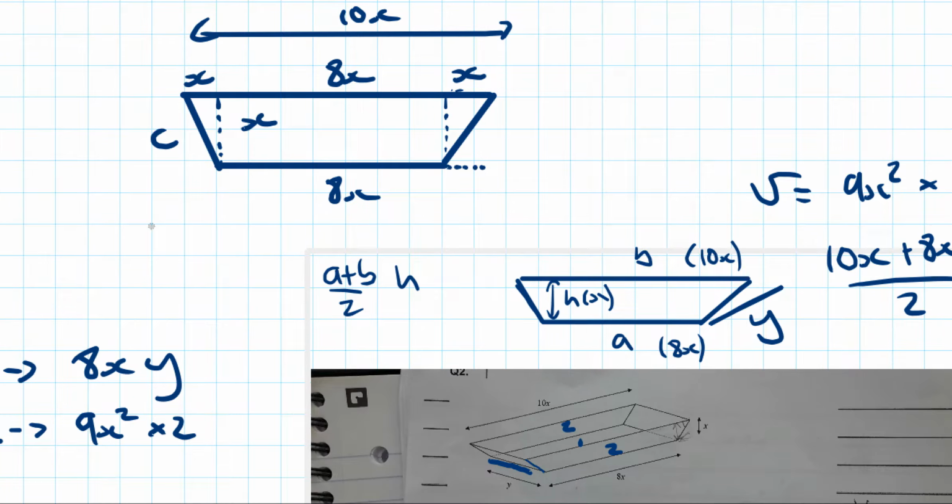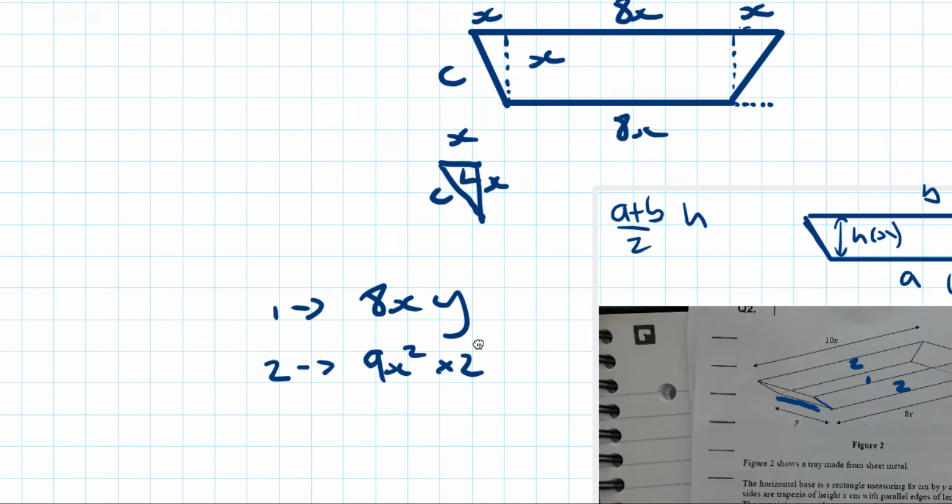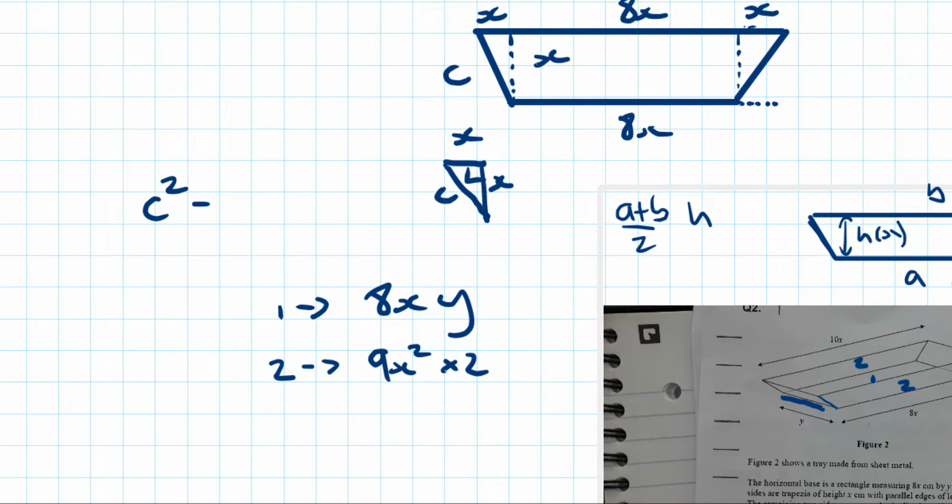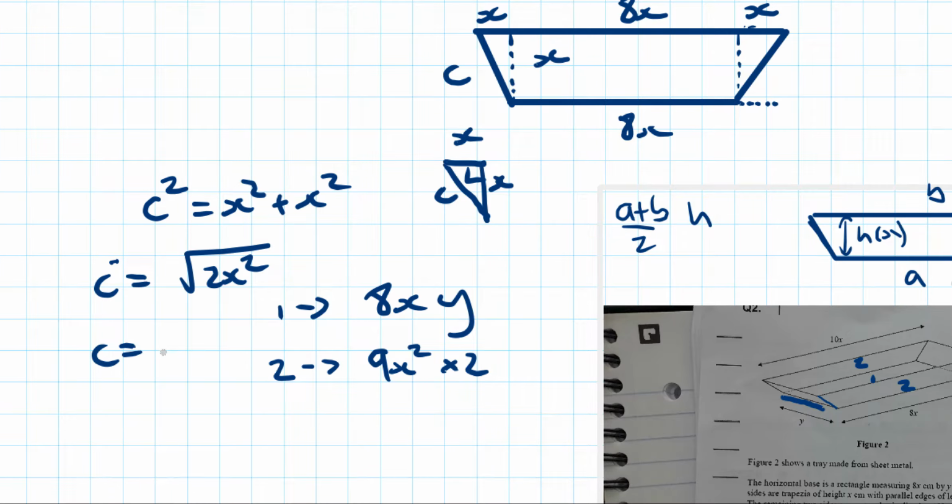So here we can make a right angle triangle, x, x, and we want to find what c is. Well, for that we can use Pythagoras' theorem. So c squared equals x squared plus x squared. So c is equal to the square root of 2x squared, so c is going to be equal to root 2 x.